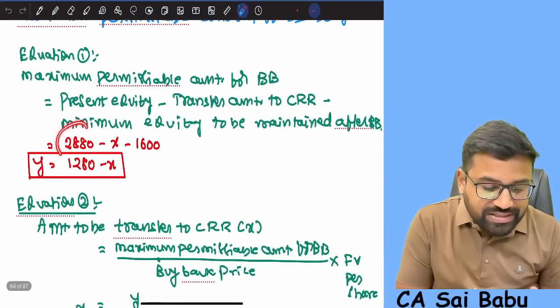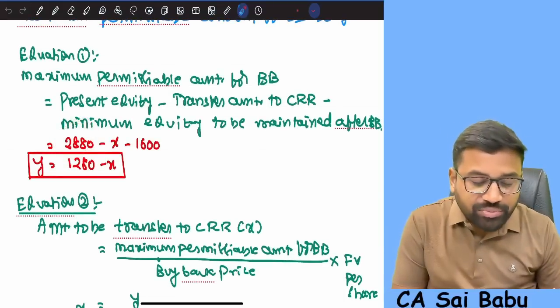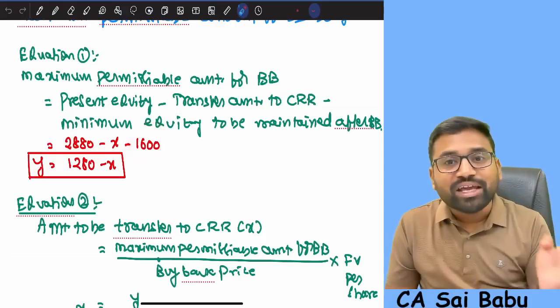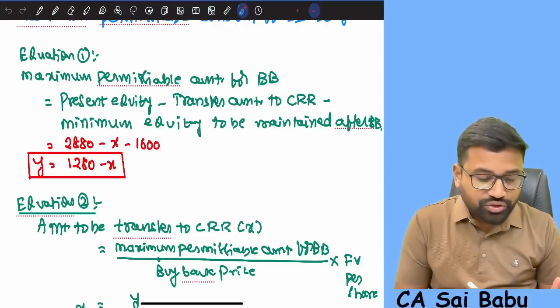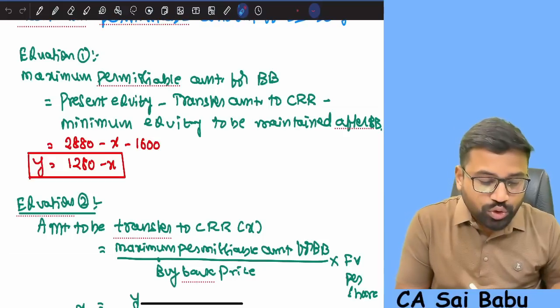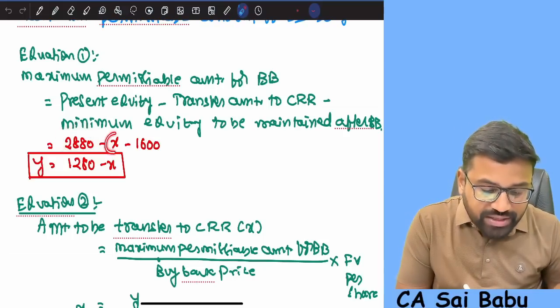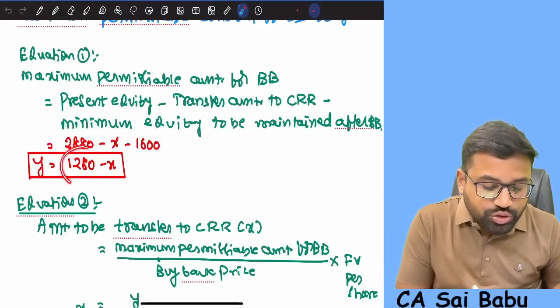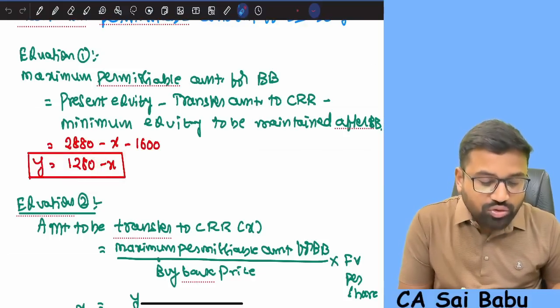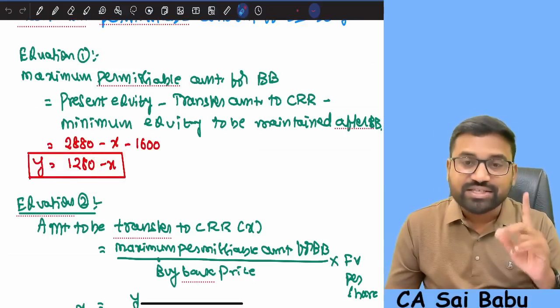So your present equity is 2880; from that, first I need to transfer the amount to CRR, minus X, and I need to maintain equity of 1600 after buyback. Therefore the maximum permissible amount for buyback, Y, is equal to 2880 minus X minus 1600. That means Y is equal to 1280 minus X. This is equation number 1.